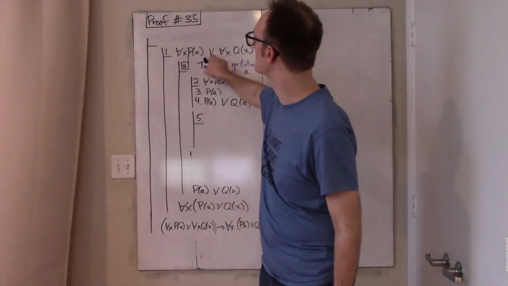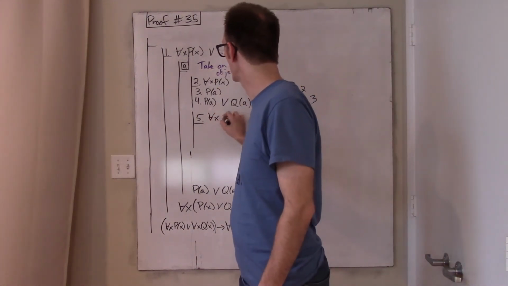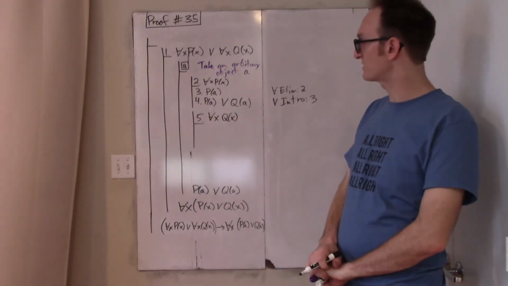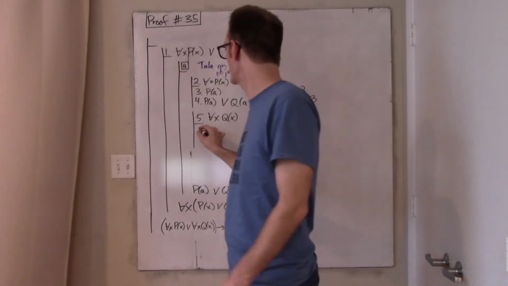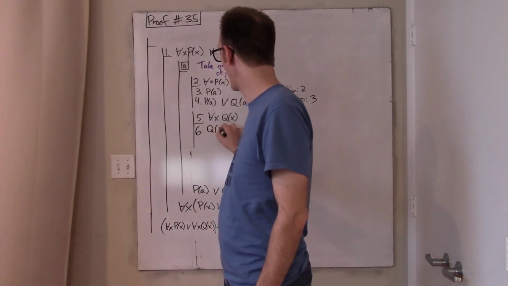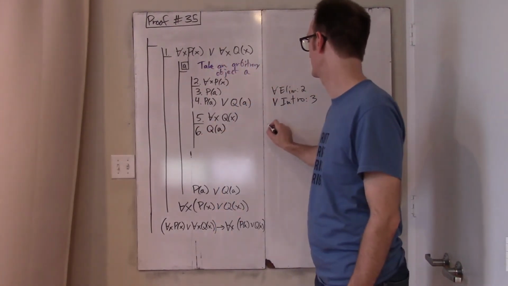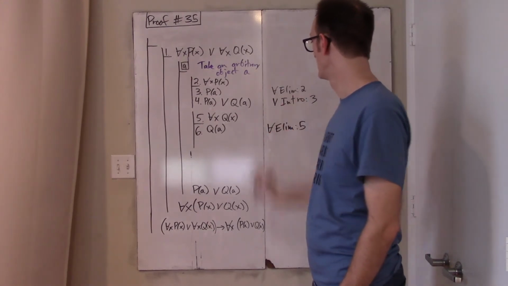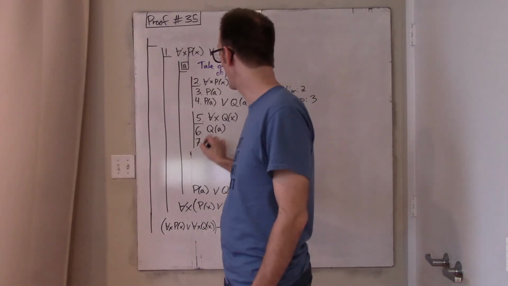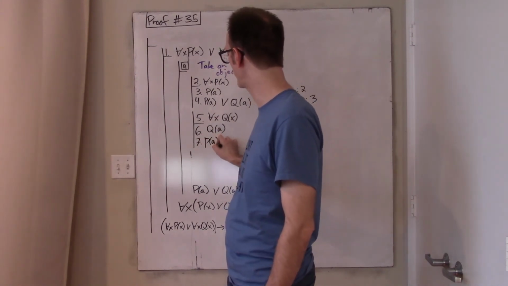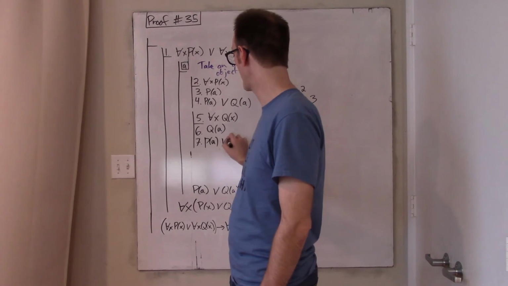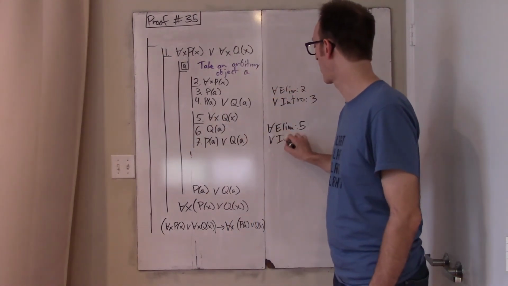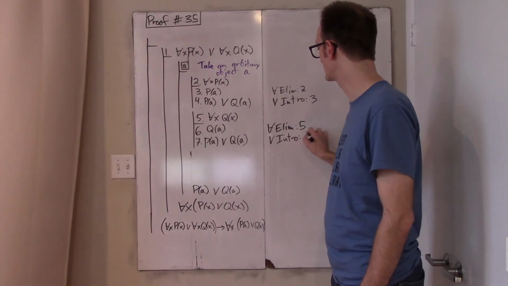Case 2 says, let's consider the other disjunct, in which everyone has property Q. Well, if everyone has property Q, then certainly A has property Q. This is universal elimination 5. And then I OR a P onto the front of that, so if A has property Q, then A has property P or A has property Q, reason: or intro 6.